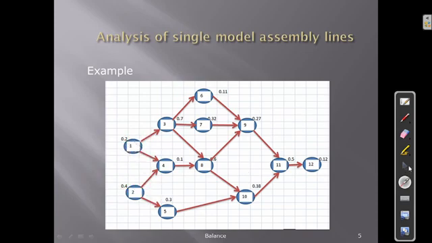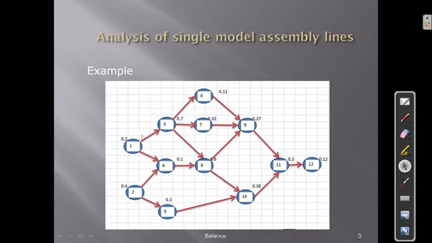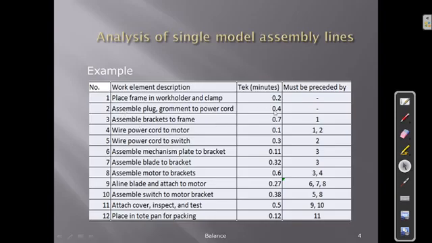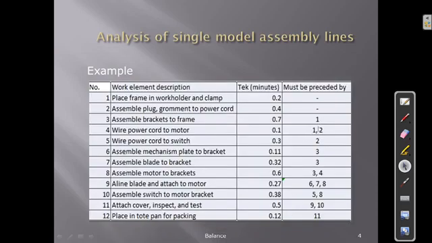Then the next step: work element 3 is preceded by 1, and work element 4 is preceded by 1 and 2. In the previous column we can directly see 3 has predecessor 1, 4 has predecessors 1 and 2, and 5 has only predecessor 1.